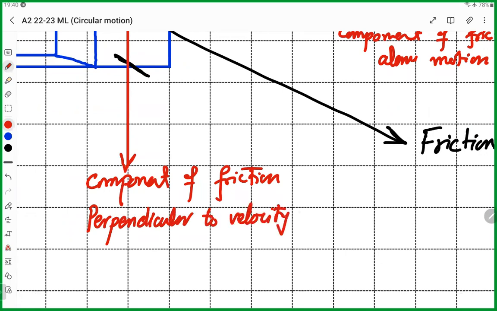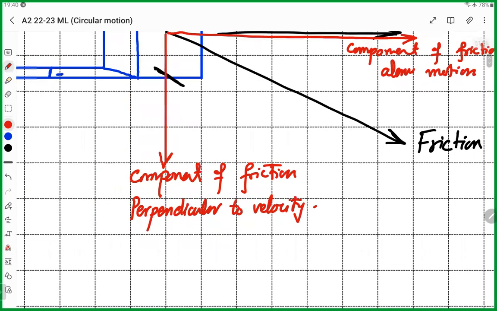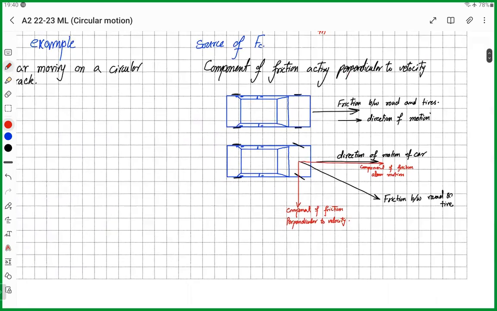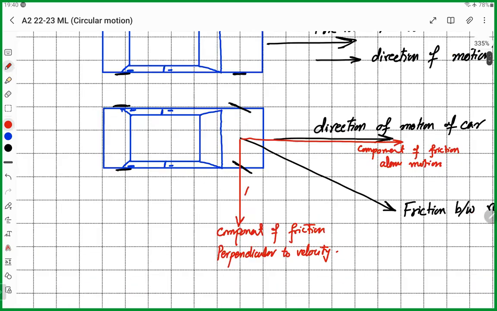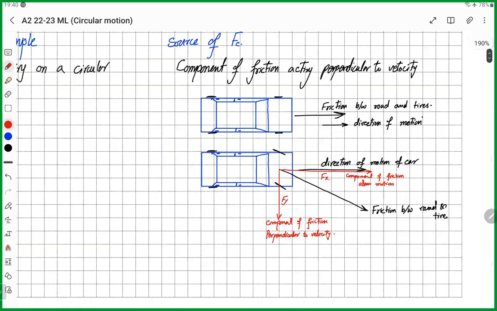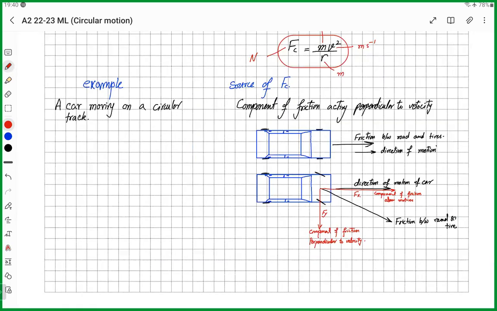Can you tell me which one will be responsible for the turning of the car? The perpendicular one. Yes. So this is why the car moves in a curved path when we turn the wheels like that.